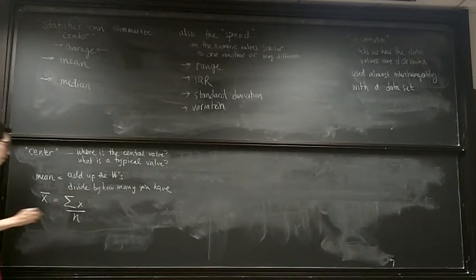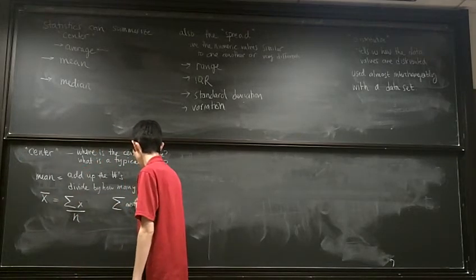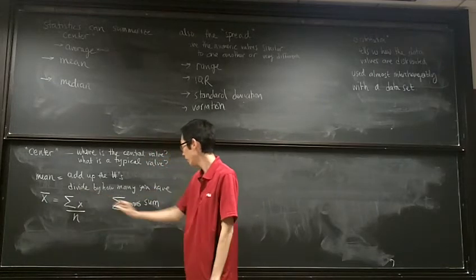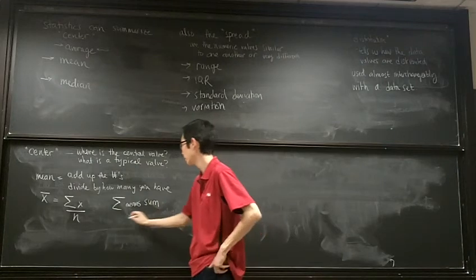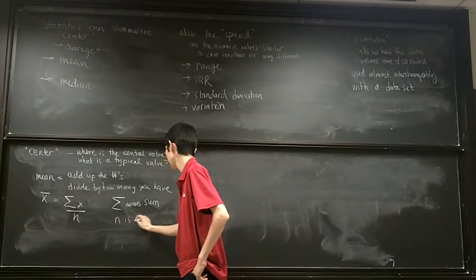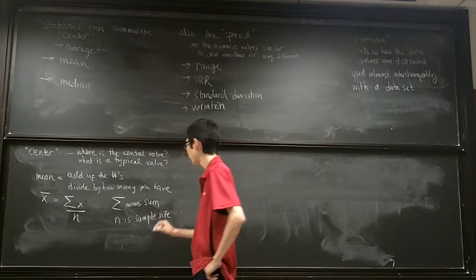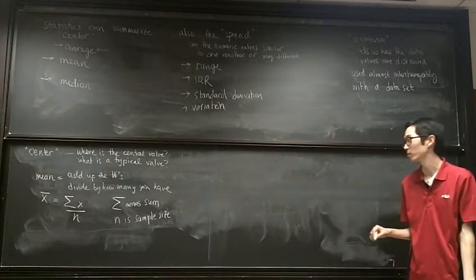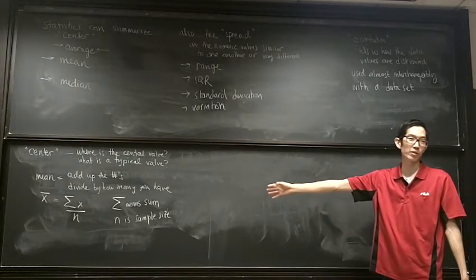So sigma means sum or add up. Sigma x means add up the x's, each value that you have, and n is your sample size. So however many numbers you have, that is n, the number of numbers. That's n.